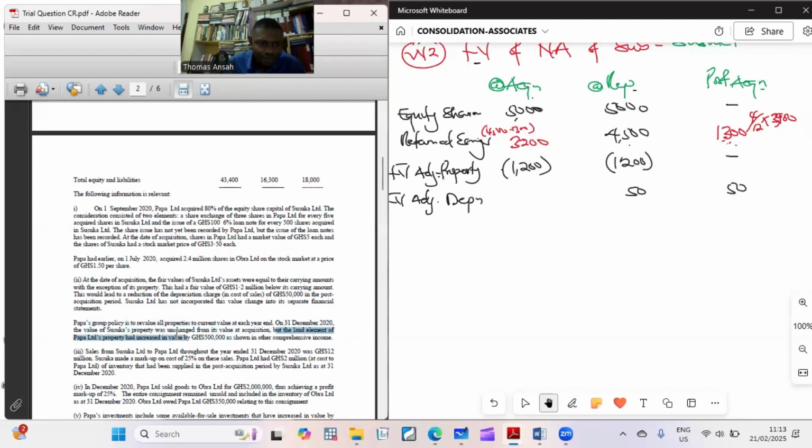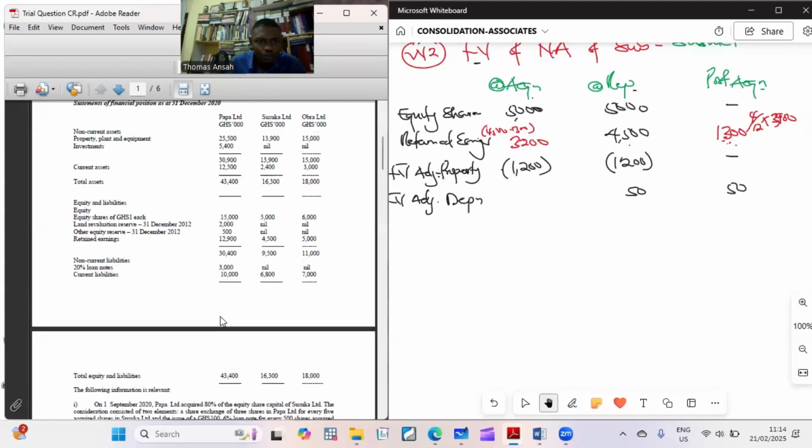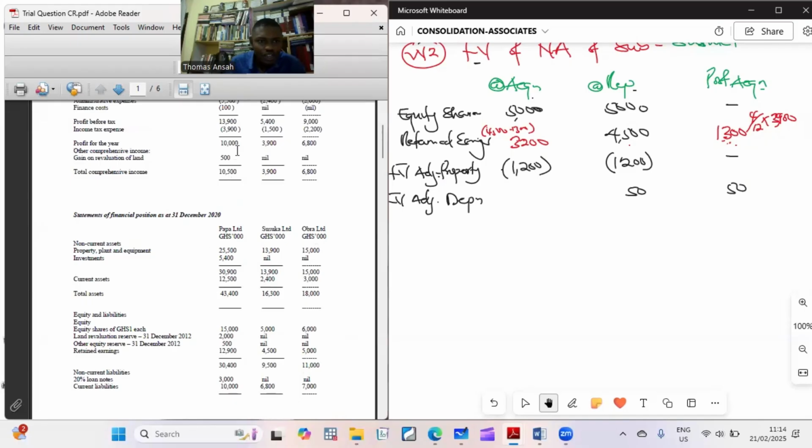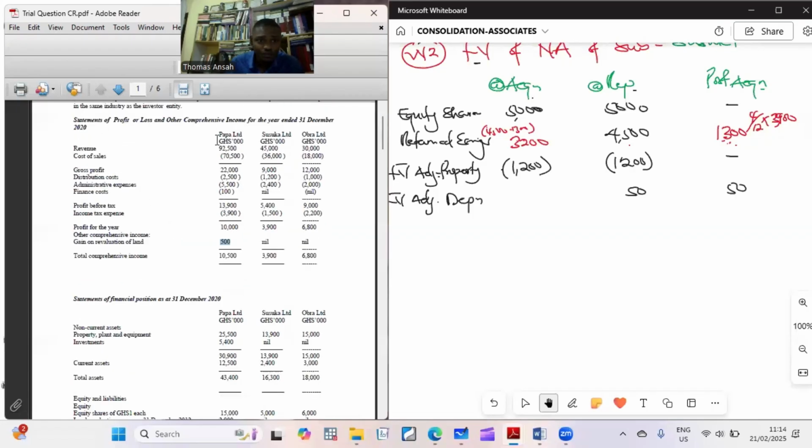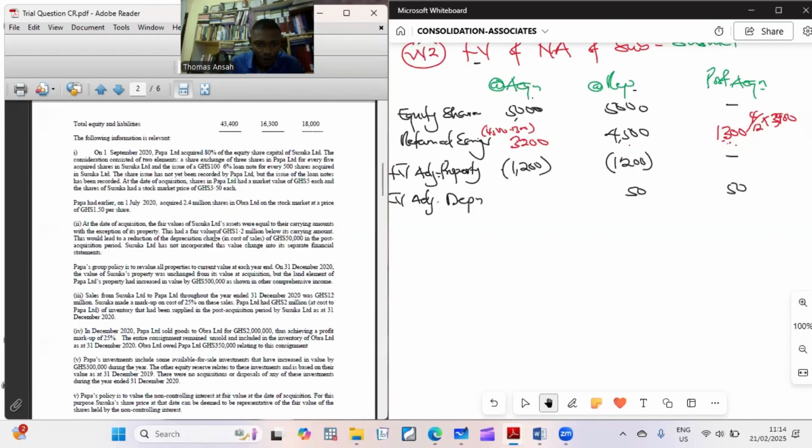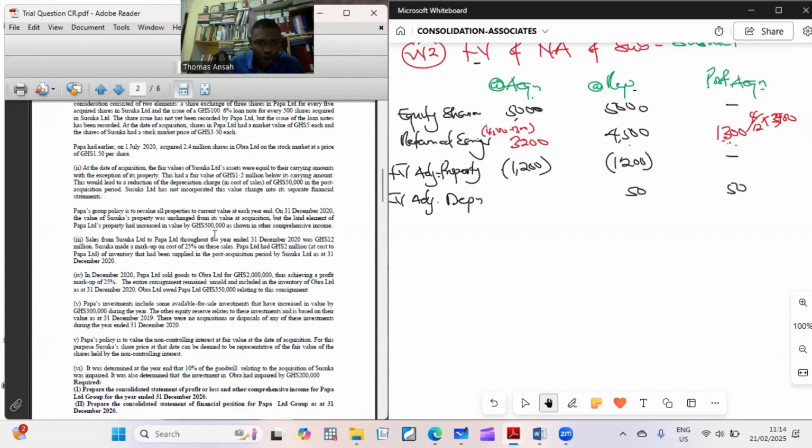But there is a land element of the property that had increased in value by 500 cedis, as shown in the other comprehensive income. So let's go to the other comprehensive income. Where is the 500 Ghana cedis? So this is where the 500 Ghana cedis is. That 500 Ghana cedis is in the books of the parent. All right. So where are we now?